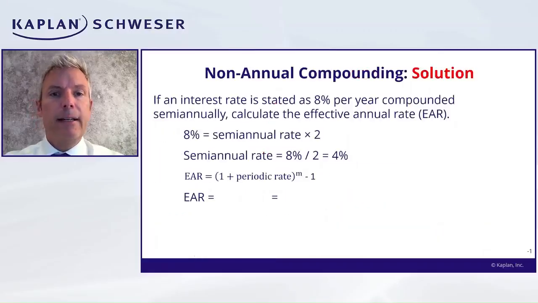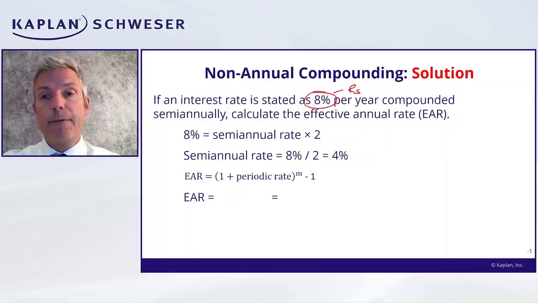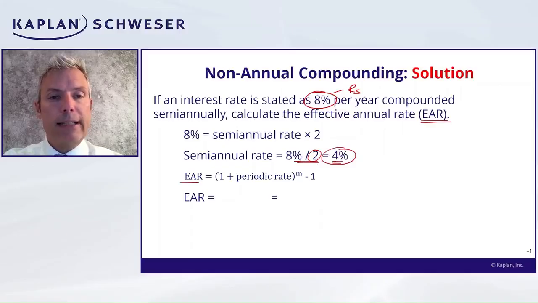So we've just seen, actually this slide is catching up with us a bit. We're saying that if you're quoted a rate of 8% with semi-annual compounding, then in order to work out what you effectively earn, including compounding during a year, take the 8 and divide it by 2, the compounding frequency, or the number of compounding periods per year, and you get a true semi-annual return of 4%. So your EAR is going to be 1 plus that 4% in decimal terms squared minus 1.